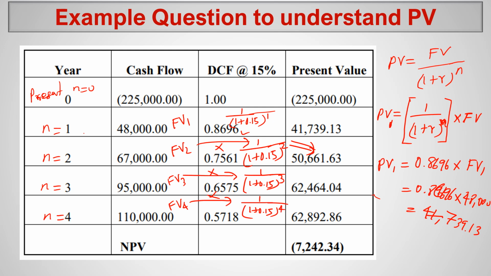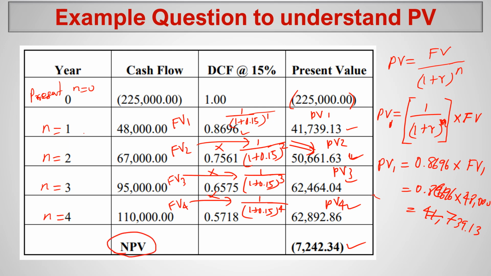So when we do this, we get the answers. The present values: this is PV1, this is PV2, this is PV3 and PV4. So when we add all the values, this is a negative investment, we put it in negative, and we get a negative answer. NPV, net present value, is negative.